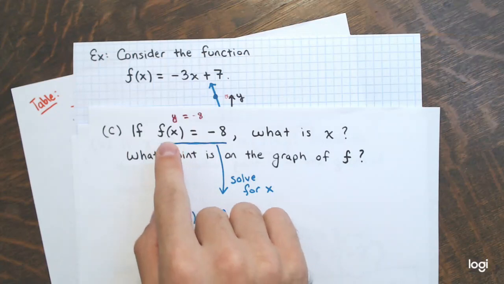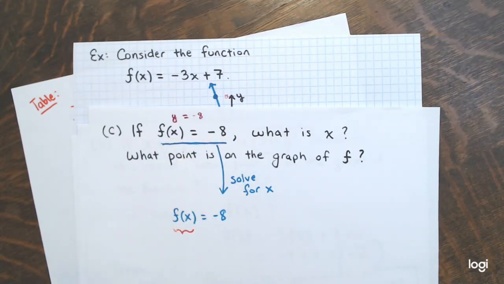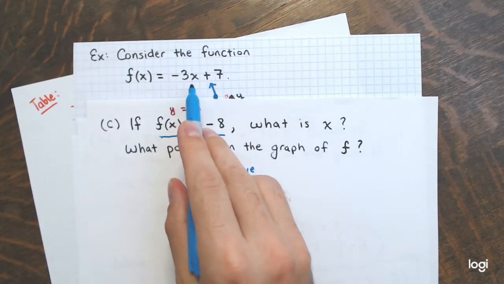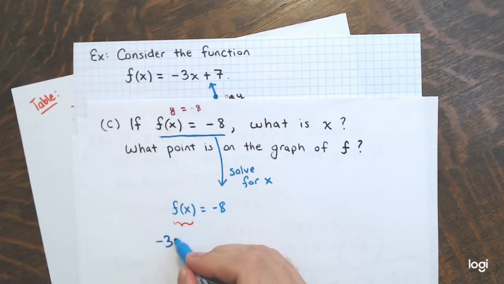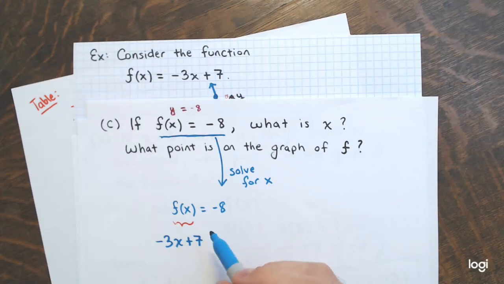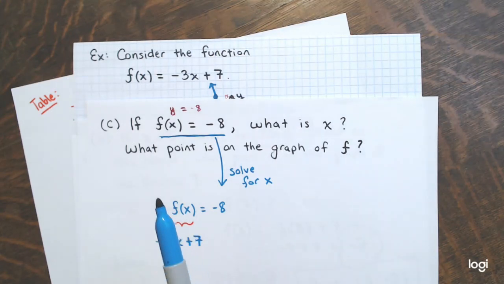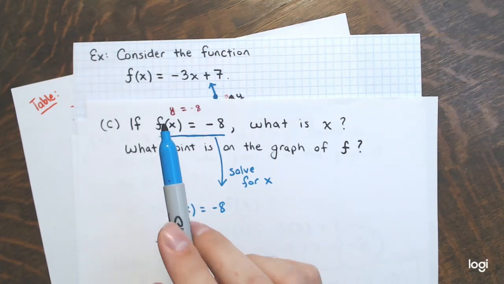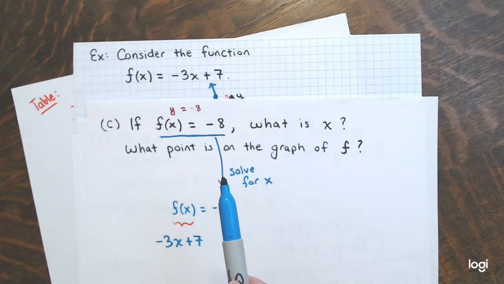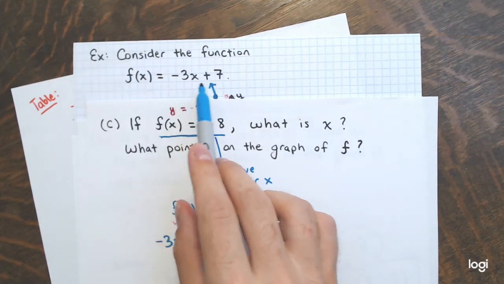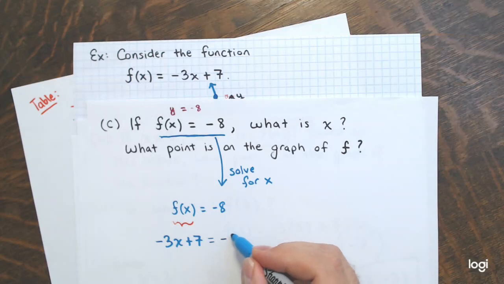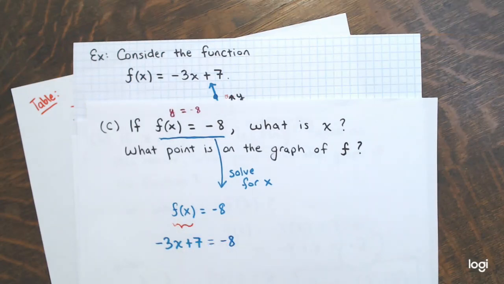So when I see f of x equals negative 8, f of x can be replaced by negative 3x plus 7. And so saying that f of x equals negative 8 is exactly the same thing as saying that negative 3x plus 7 is negative 8. Right? Just replacing f of x with how you calculate it.